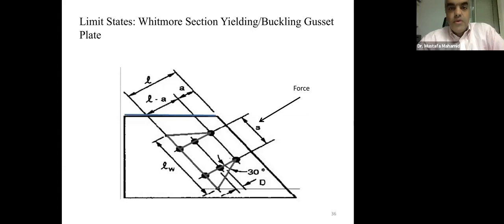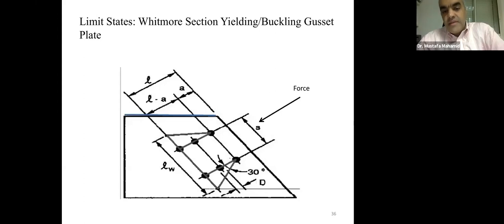Also, we have Whitmore section yielding and buckling of a gusset plate. When we have a braced connection, you may have tension force or compression force. If you have a compression force like this, the plate itself may buckle as a result. We design the brace for buckling, of course, but that force eventually is transferred to the gusset plate, so we have to make sure that the gusset plate doesn't buckle.